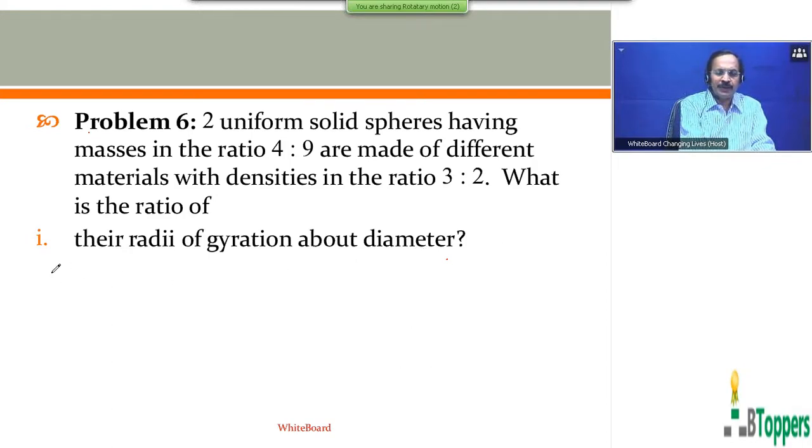So mass of the sphere can be written as the product of its volume and density. Volume of the uniform solid sphere of radius r is given by 4/3 pi r cube.